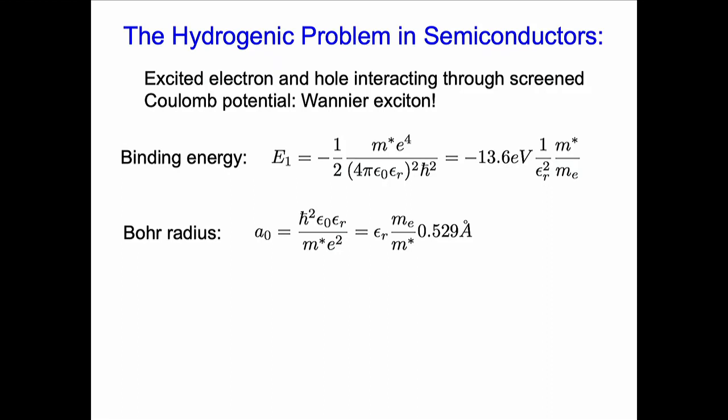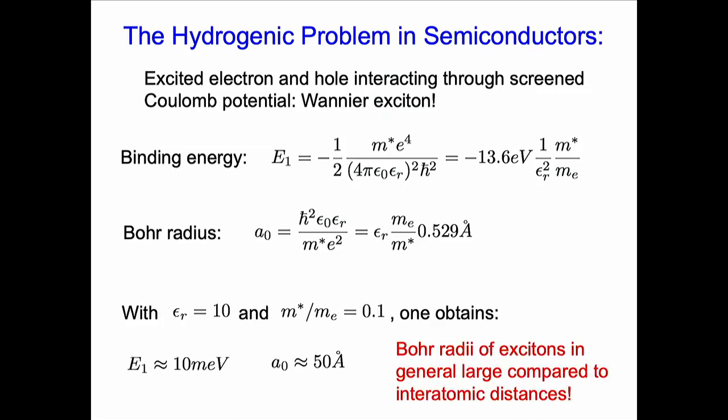So the Bohr radius will scale linearly with the epsilon r and inversely proportional to the effective reduced mass. So we have basically solved the problem. We just need an estimation for epsilon r and for the effective mass.